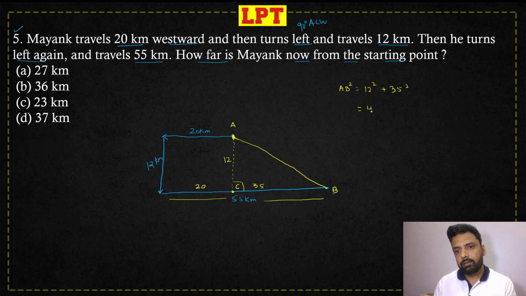12 square is 144. 35 square is 1225. Adding them, it comes out to be 1369.